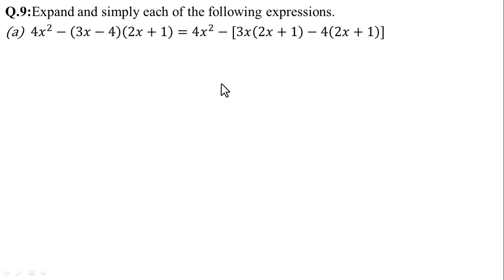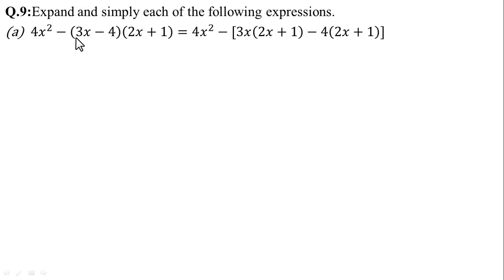Here, some expressions are given. We can expand and simplify. In the first part, part A, given 4x square minus (3x minus 4) into (2x plus 1).